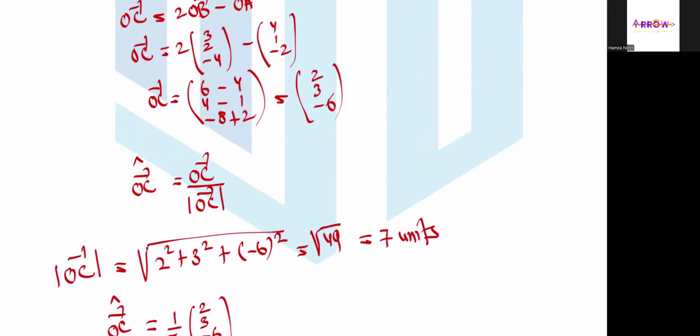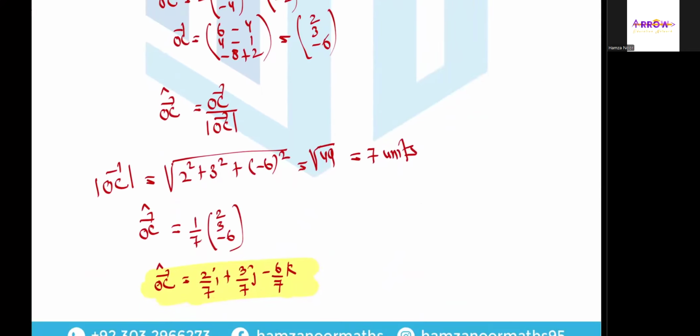Now as you already know, in order to find the unit vector of OC, OC hat is equal to OC vector divided by the magnitude of OC vector. So first of all, we need the magnitude of OC vector. Under root of 2 squared plus 3 squared plus minus 6 squared.